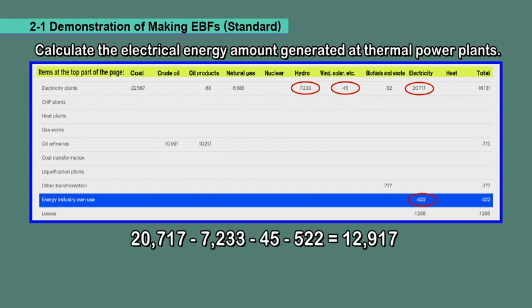This will result in the value for energy output from the thermal power plants. That's 20,717 minus hydro, 7,233, minus wind, solar, etc., 45, minus energy industry own use, 522, which equals 12,917.